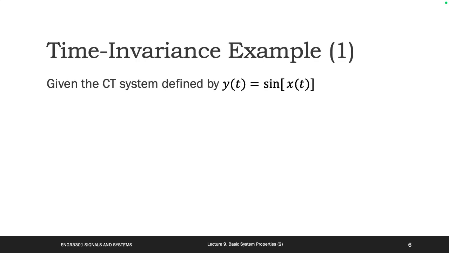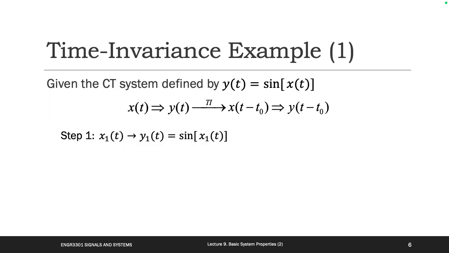For example, y(t) equals sin x(t). We have the relationship between the input and output, y(t) equals sin x(t), and let's try to find out by putting this into the equation. First, we just follow the 4 steps.